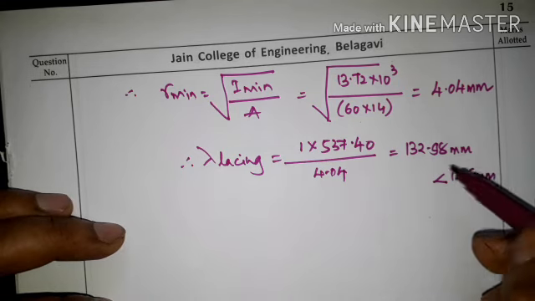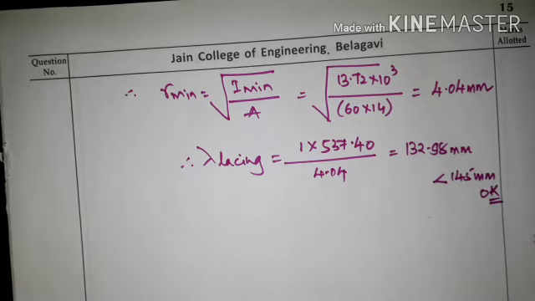As I told you, this should not be more than 145. I can show here the slenderness ratio KL by R, the lacing bar shall not exceed 145. So just now we have calculated. So next you have to check for compressive strength.